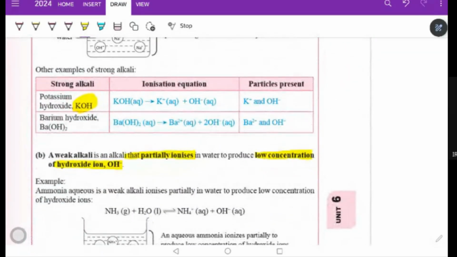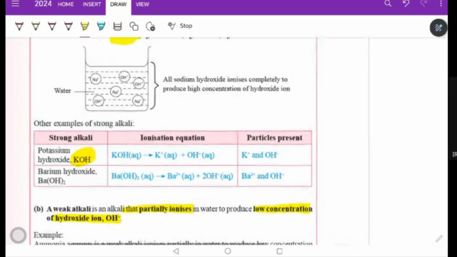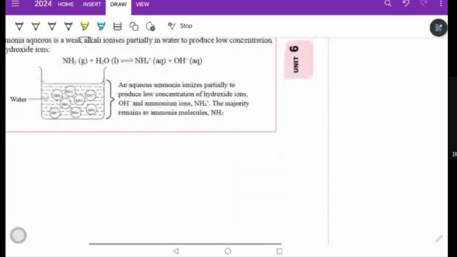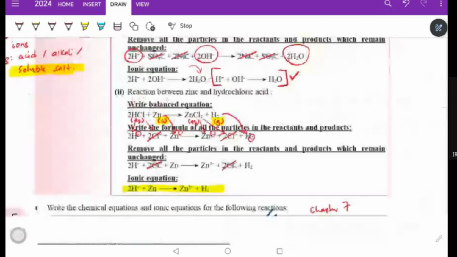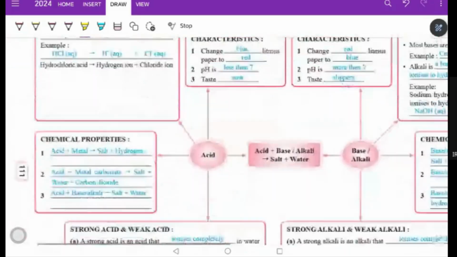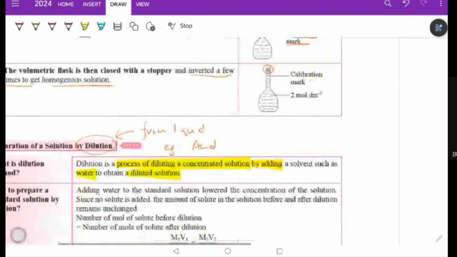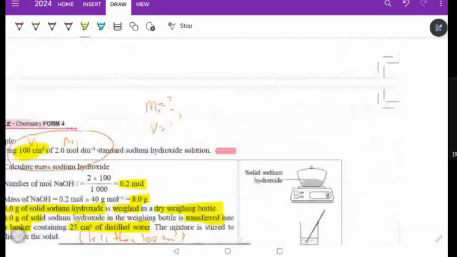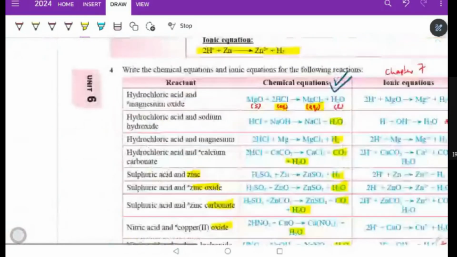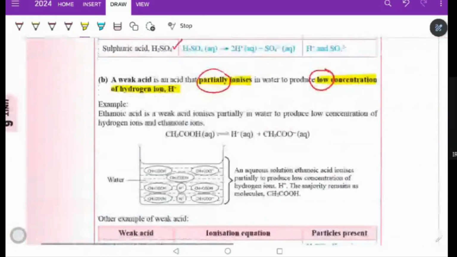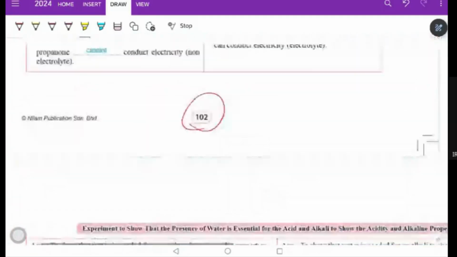Let me see. Okay, you can use this one. Oh, I know already. Under pH. Where is the pH? Yeah, pH.